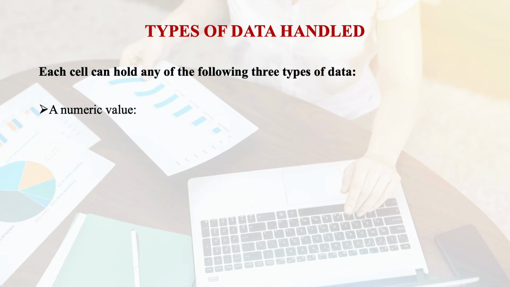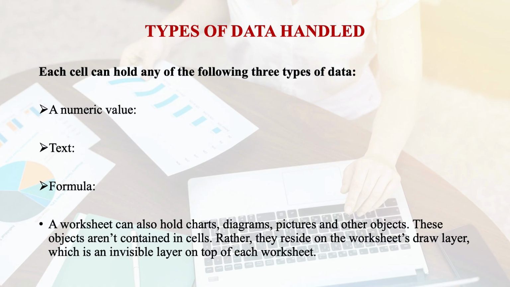You can work with numeric data, textual data, and formulas or functions. We will be discussing formulas, and how they are different from functions, in the subsequent sessions. Apart from this, the worksheet can also hold charts, diagrams, pictures and other objects, and these objects are not contained in the cells. Rather, these objects reside on the worksheet's draw layer.